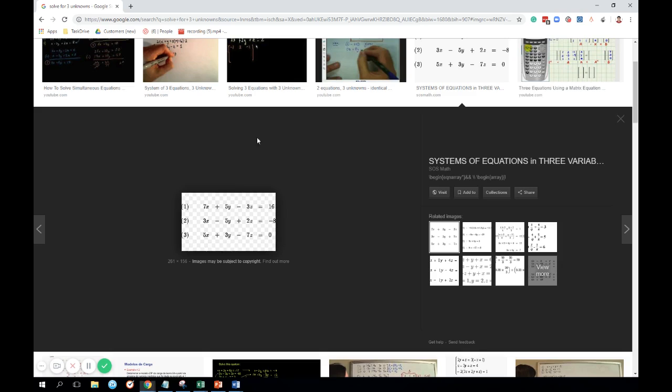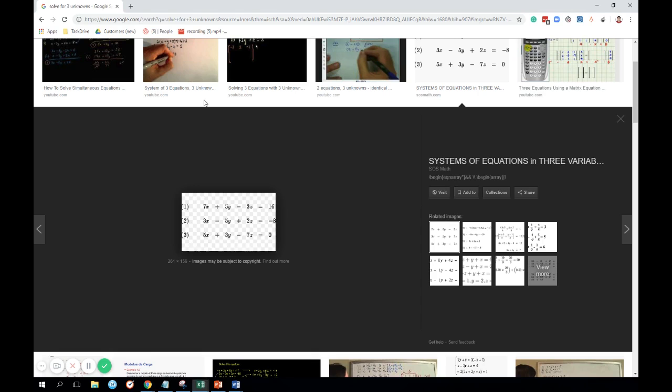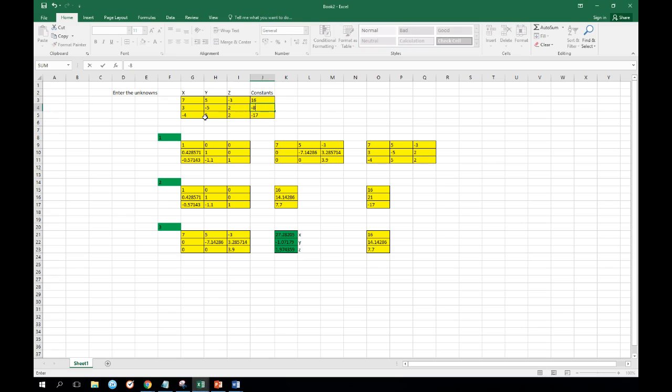We can put here 7x plus 5y minus 3z. So that's 7, 5, negative 3, 16. Second, 7, 5, negative 3, and then 16. And then 3, negative 5, 2, and then negative 8. And then 5, 3, negative 7, and then 0. So based on the formula here, our answers should be 7, 3, and 2.